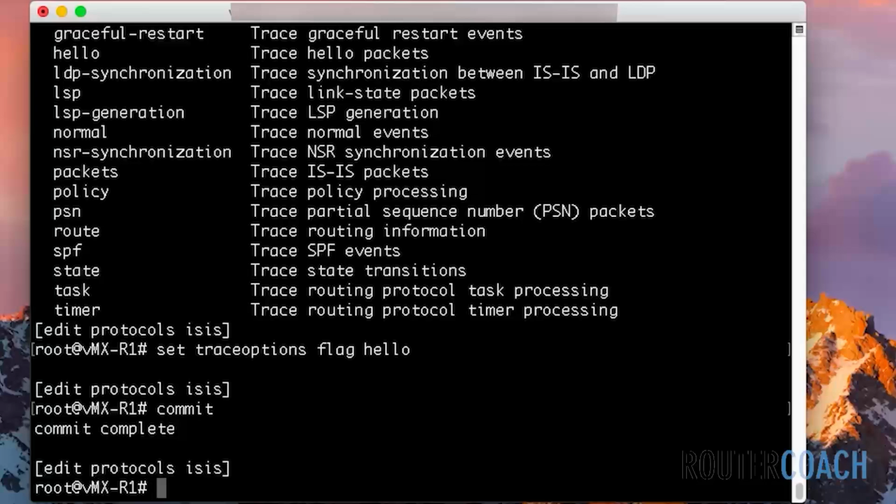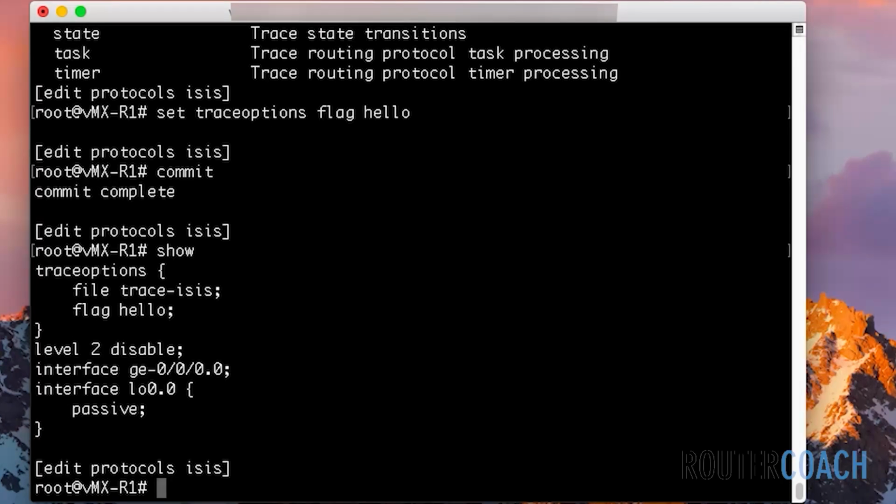Now we're currently running ISIS in broadcast mode, so I would expect to see on R1, which we've disabled level 2, hello packets being sent to the MAC address ending in 14.